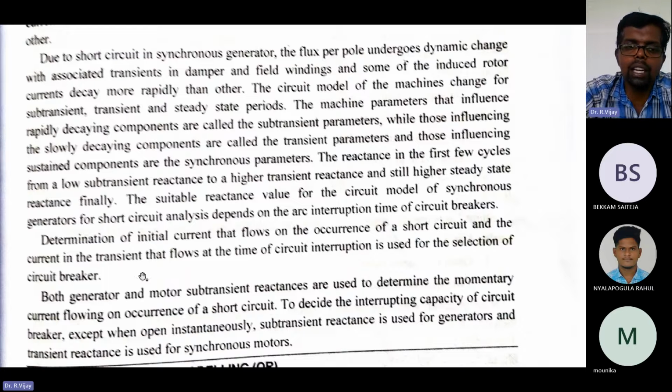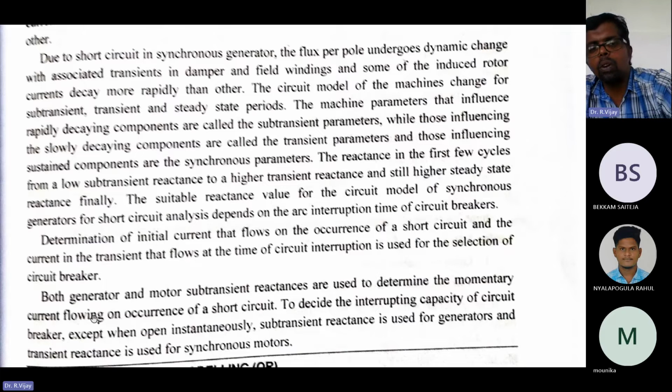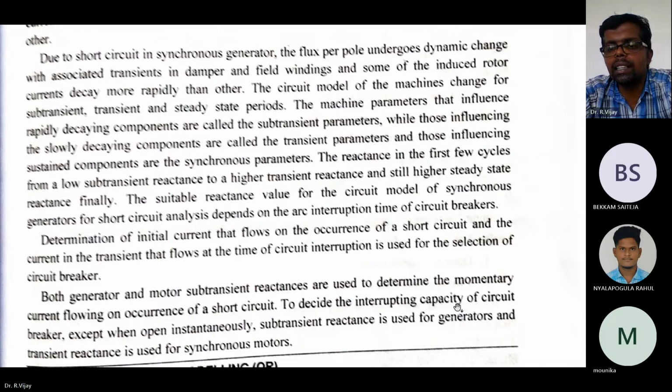This will be used for selection of the circuit breaker, as we saw before. Both generator and motor subtransient reactances are used to determine the momentary current flowing on the occurrence of a short circuit, to decide the interrupting capacity of the circuit breaker, except when it opens instantaneously.